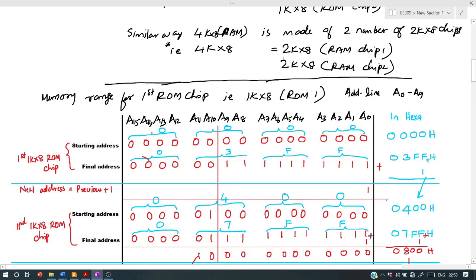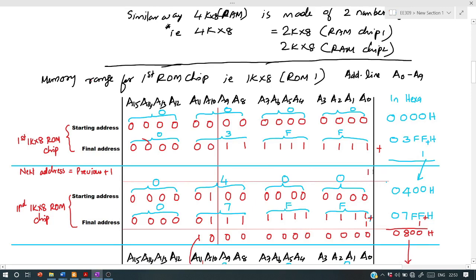07FFH. Next we need to find out the memory range corresponding to the first 2K into 8 RAM chip, that is RAM chip 1. The final address of the second 1K into 8 ROM chip is 07FFH.